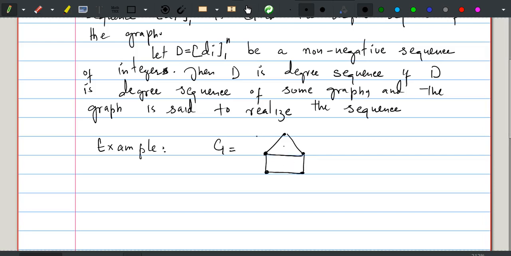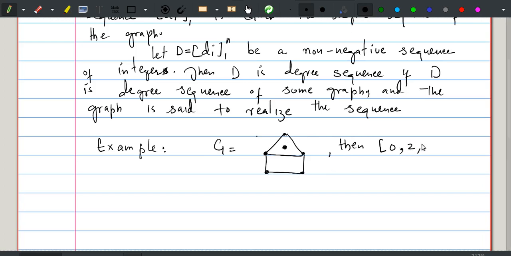This is a graph with 6 vertices. The degree of this vertex is 0, the degree of this vertex is 2, and the degree of these two vertices is also 2.